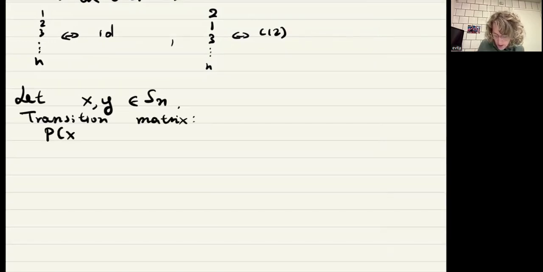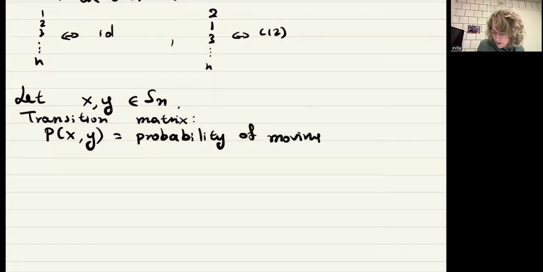So the XY entry of the transition matrix, so it's an n factorial by n factorial matrix, the XY entry of this matrix really is the probability of moving from X to Y after one step.